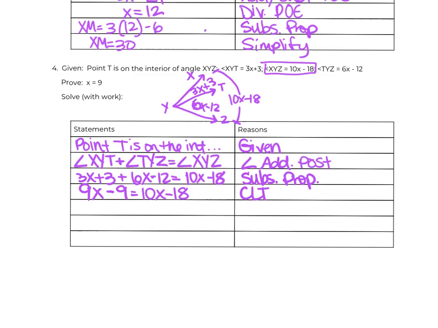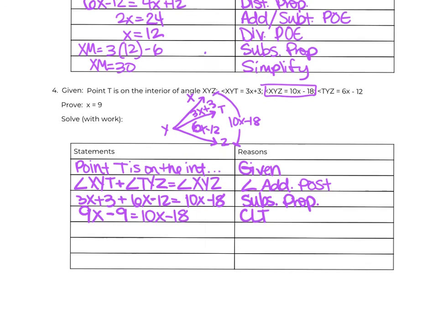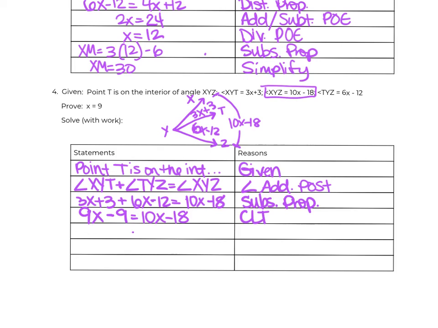Okay, a couple ways we could go from here. Let's just pick. Paige, what do you want to do first? Do you want to move the x's or the constants? The constants. Okay, which one? Add the 9 to 18. So if I add 9 to negative 18, I would get negative 9.